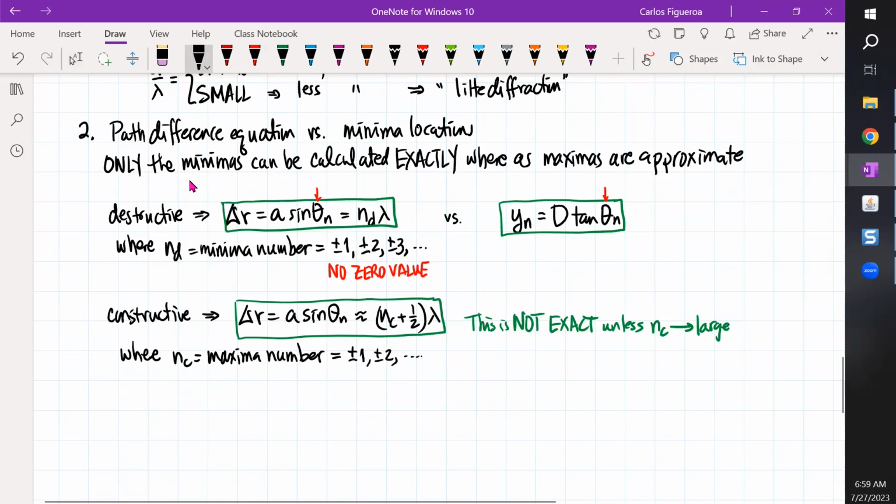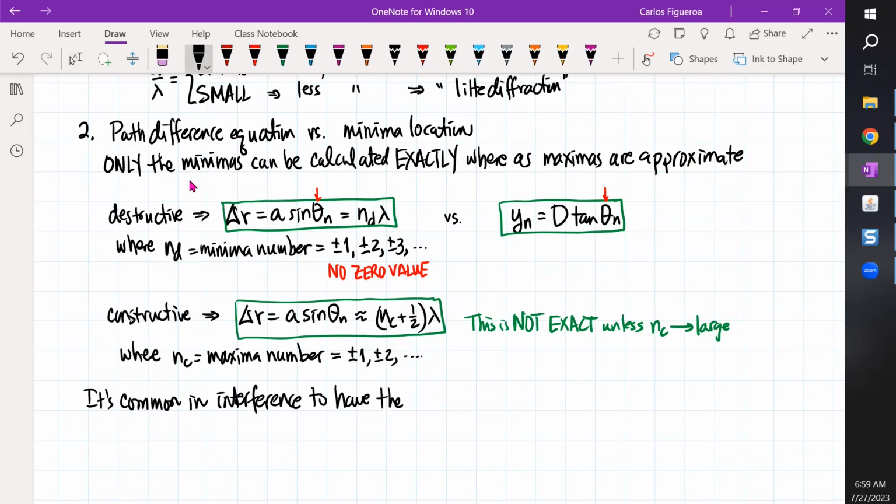So it's common in interference to have the small angle approximation to be valid.